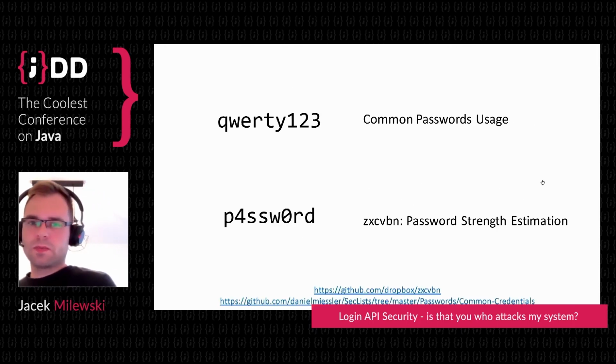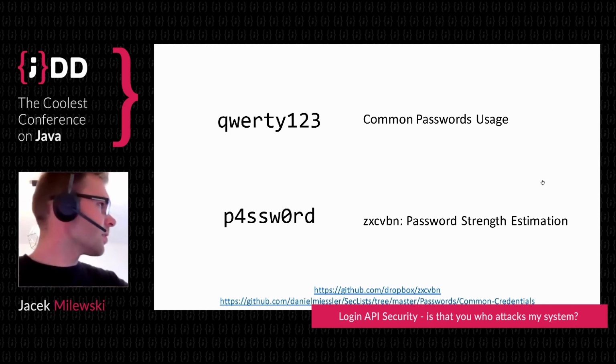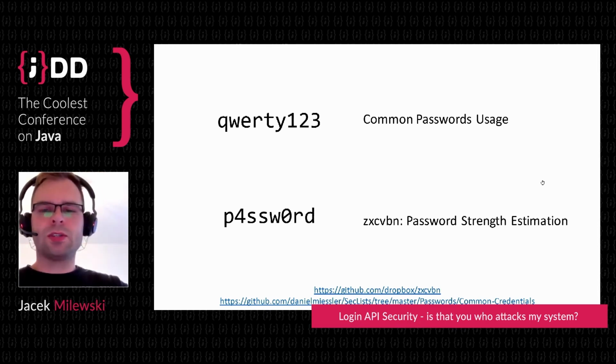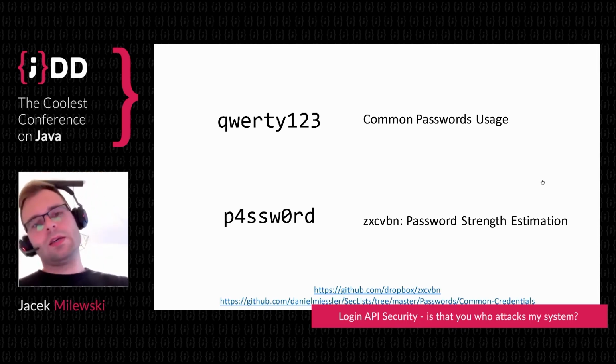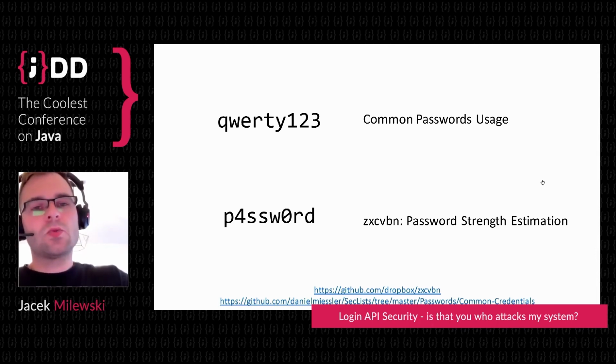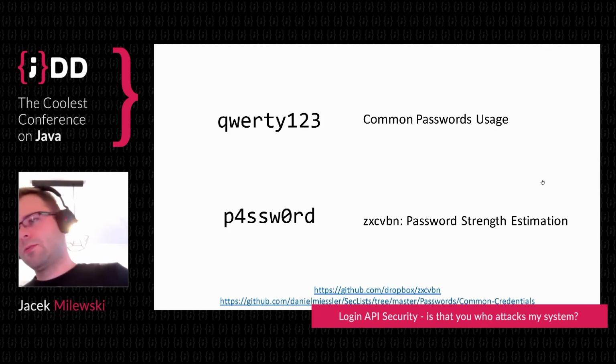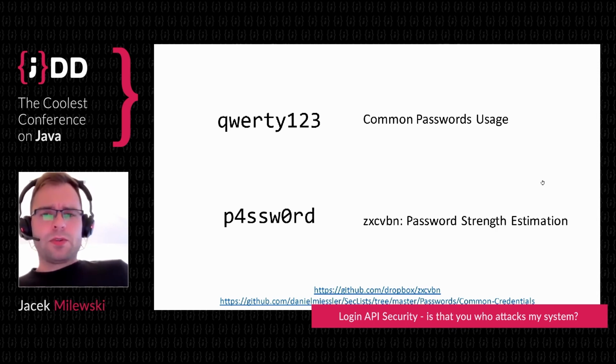About the passwords, we checked. I've mentioned that in this article there was a message that 47% of credentials in retail are weak. Let's say, what does weak mean? So we checked how it looks in our system, and definitely 47% is far too much. Our values are much lower.